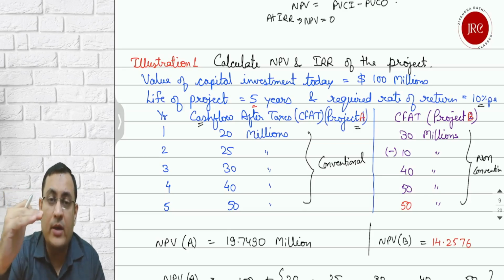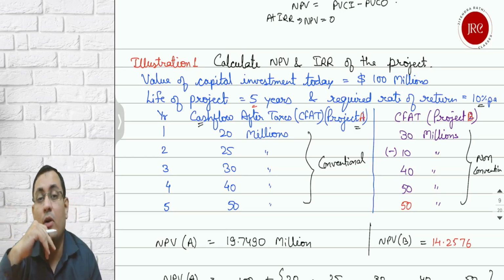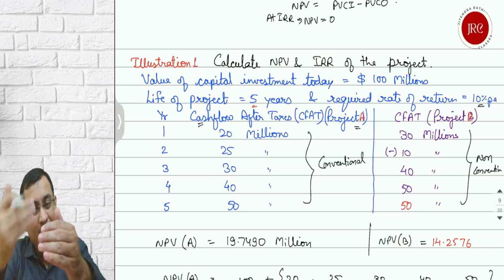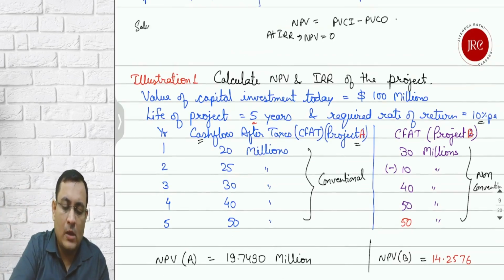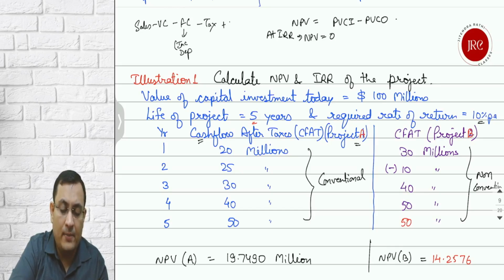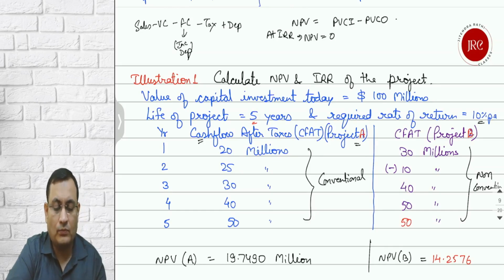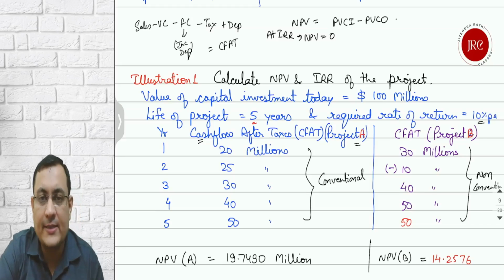Then whatever is your profit, on that profit you have already paid taxes also. And then you have added back depreciation: sales, less VC, less fixed cost, less taxes, and if it is including depreciation, you have to add back depreciation. This is your cash flow from project after taxes.